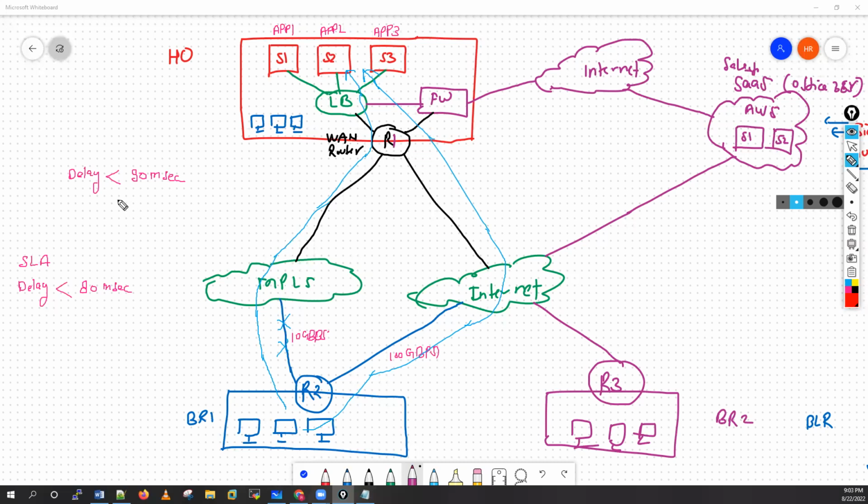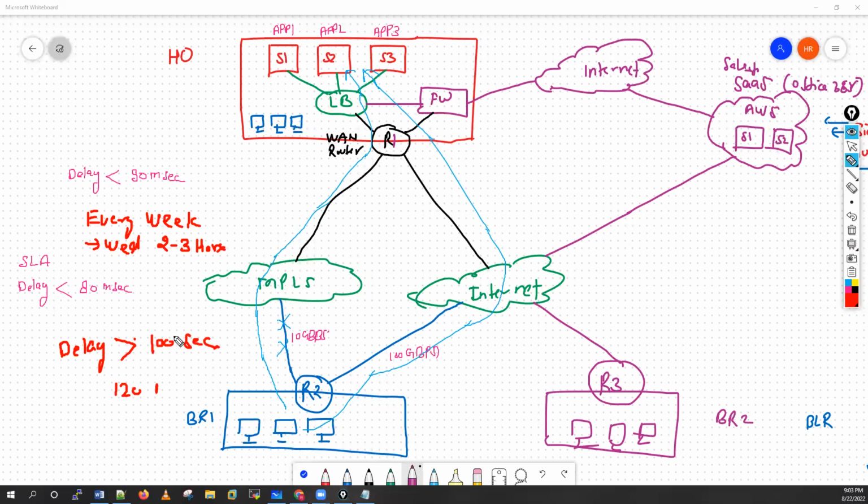Okay, so let's suppose every week, on a specific day, let's say Wednesday, for 2 to 3 hours, due to some congestion on your MPLS link, the delay in your MPLS network is reaching more than 100 milliseconds. Maybe sometimes it is 120 milliseconds.